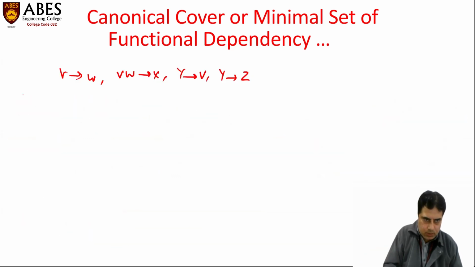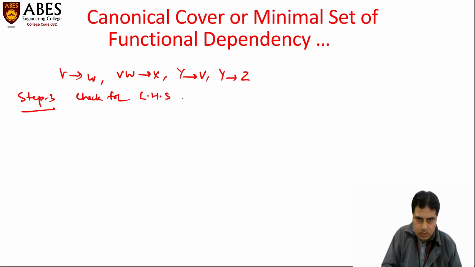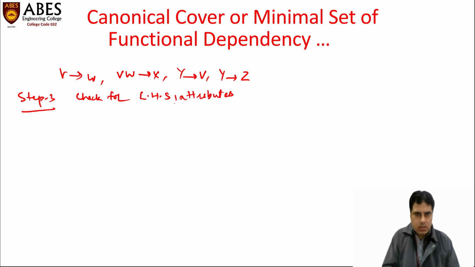Now step 3. Now check for left hand side attributes. Yeah, you can say redundant attributes.